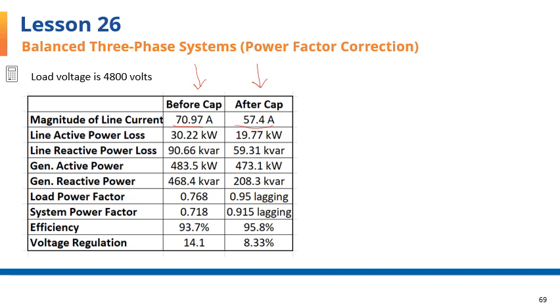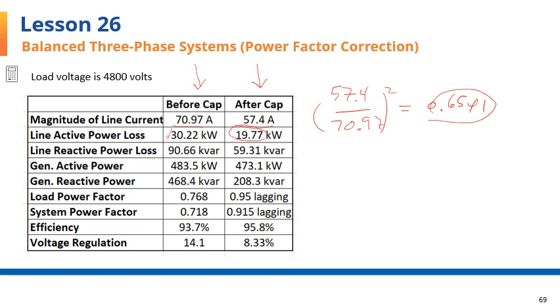If you take the ratio of the magnitude of the current after the installation of the capacitor divided by the magnitude of the current before and square it, I've done this ahead, you get 0.6541, and if you multiply this value by the real power loss of the line, 30.22, you'll see that you'll get this answer.